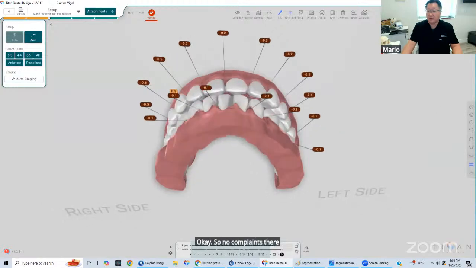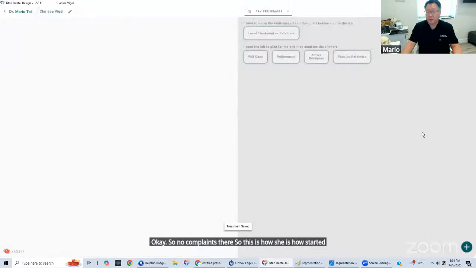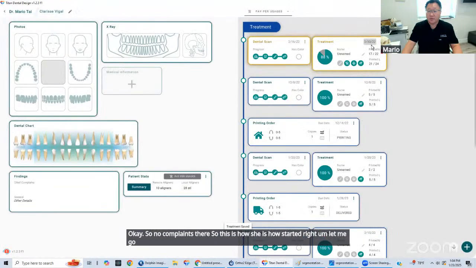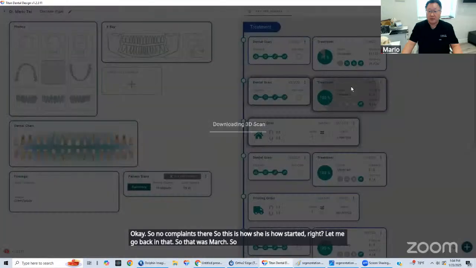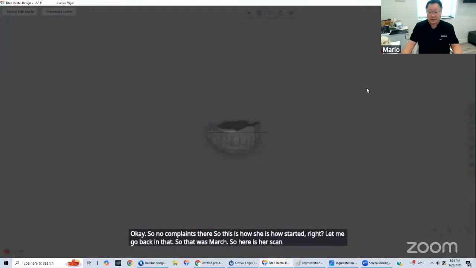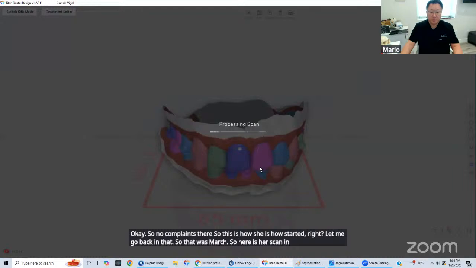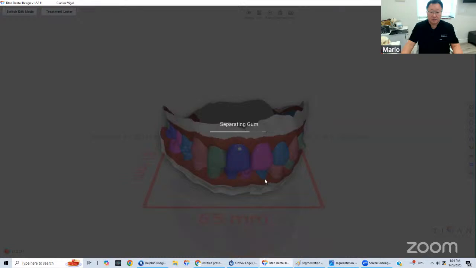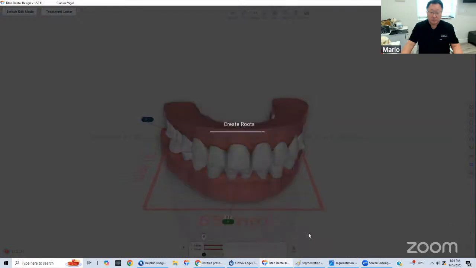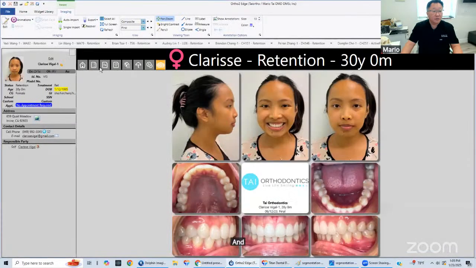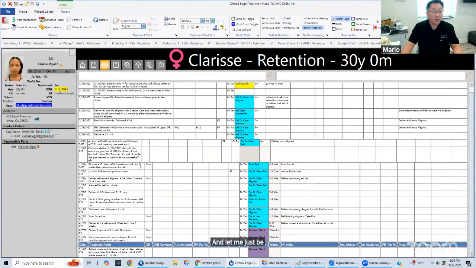So this is how she started, right? Let me go back. That was March. So here is her scan in December. She came back in December. And I want to be real with everyone.